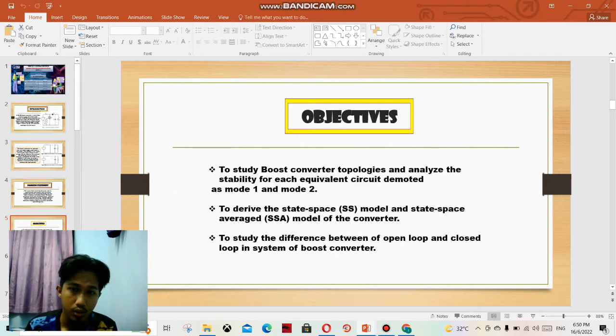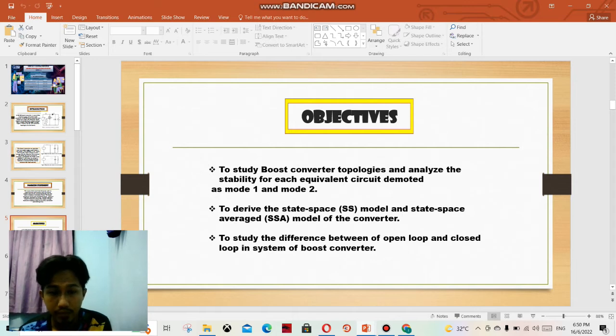For the project objectives, there are three points. First, to study boost converter topologies and analyze the stability for each equivalent circuit, denoted as mode 1 and mode 2.